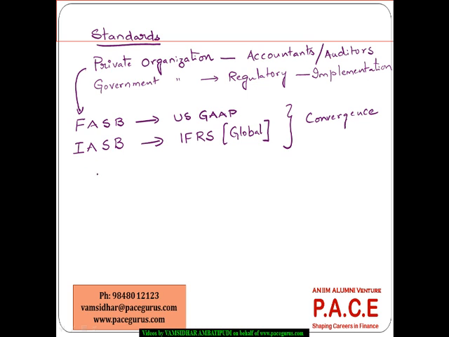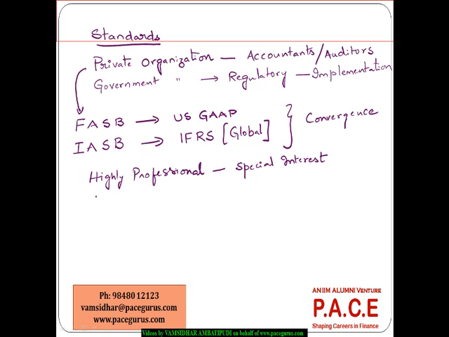So from any perspective, when we look at the standard setting, all these standards need to be highly professional, right? Any kind of standard setting body, we need to see that it is highly professional, not carried away by special interests of some specific parties, right?